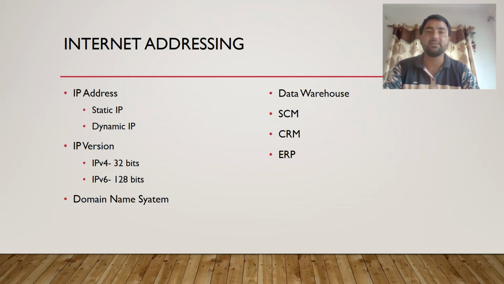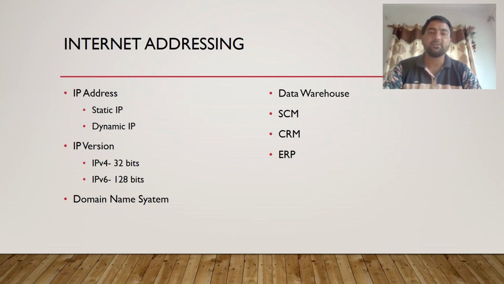It understands the numeric, 32-bit IP address. So the domain name system provides mapping between the domain names used by the users for their ease and efficiency, and the IP addresses that are actually used by the system.